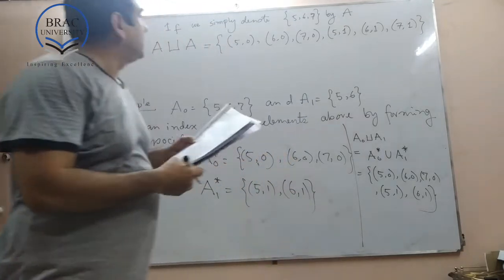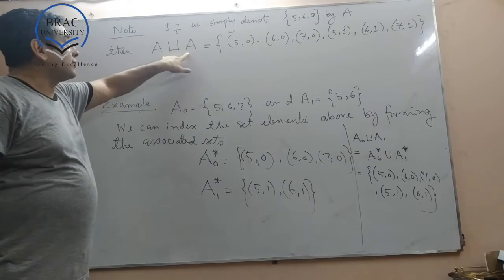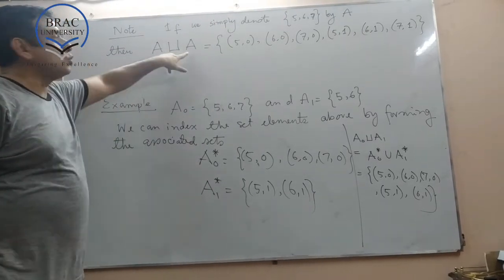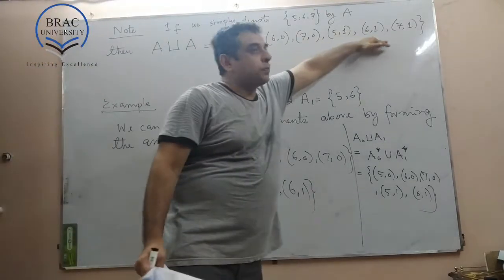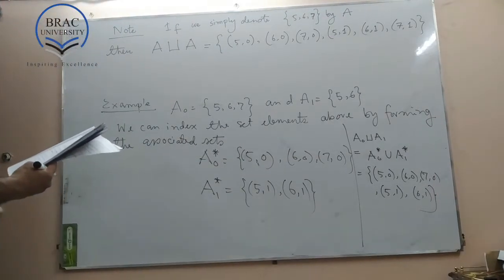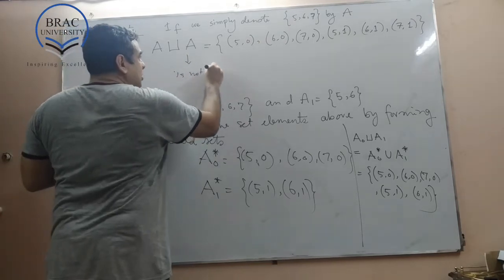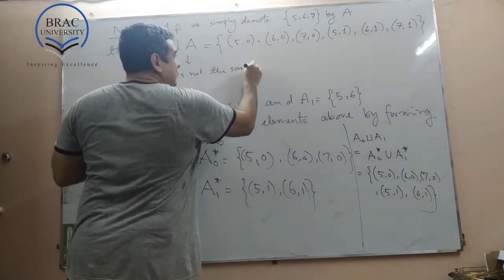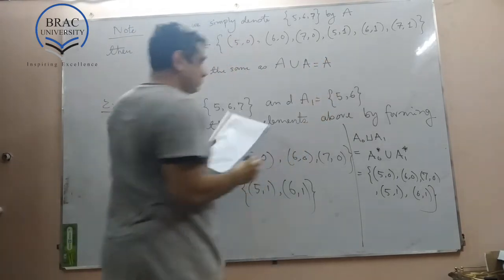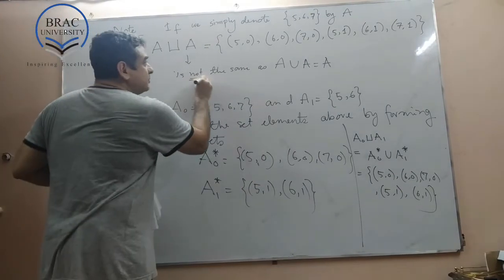Meaning that in this disjoint union of the same set A, we have two distinct copies of the same set A. And this is not the same as A union A, which is just A.